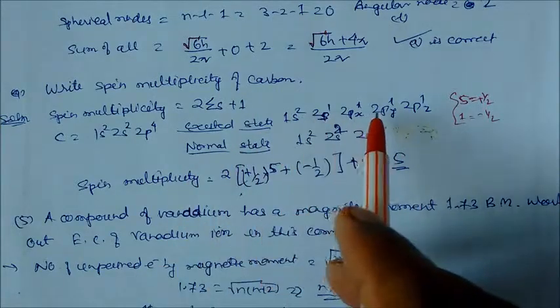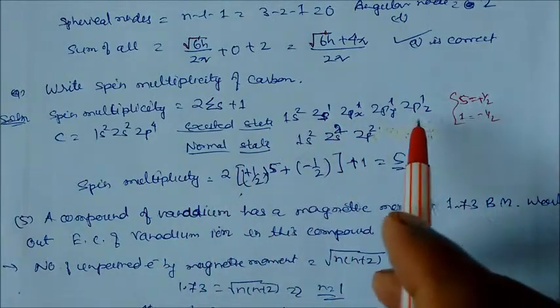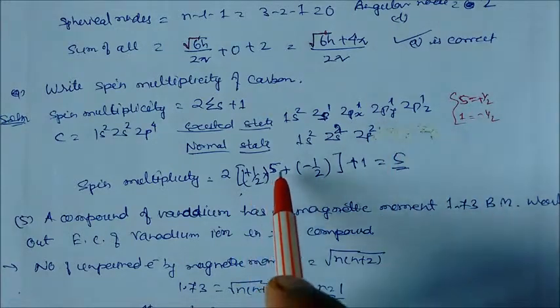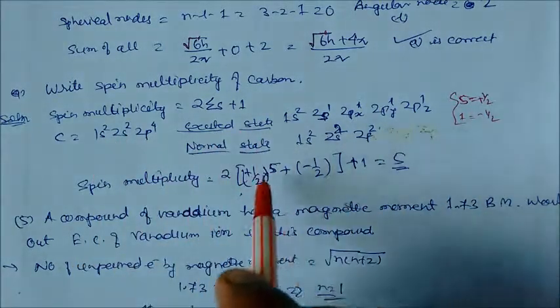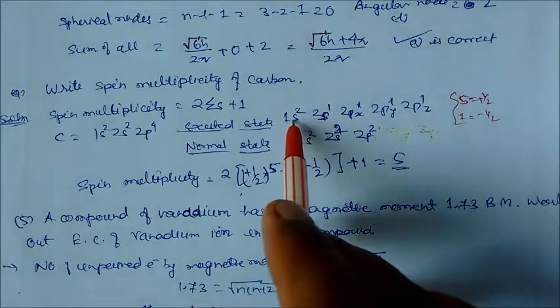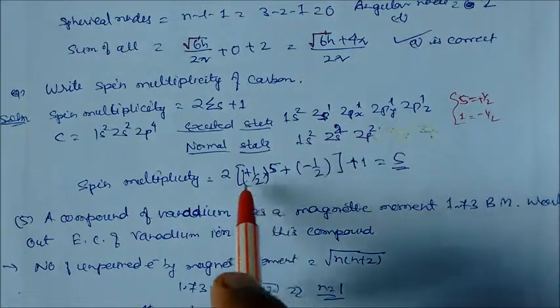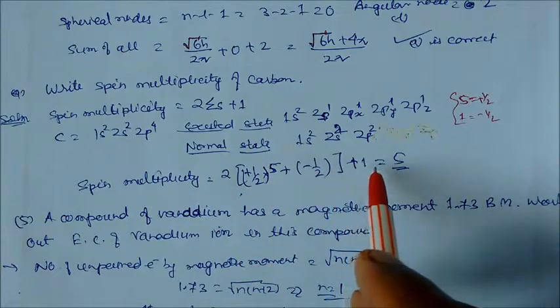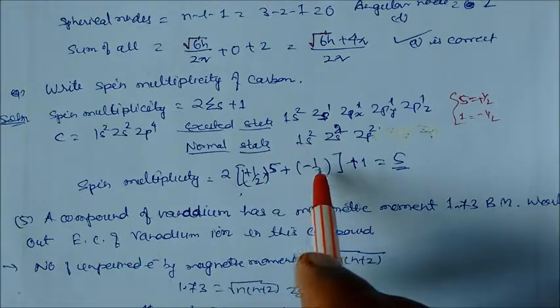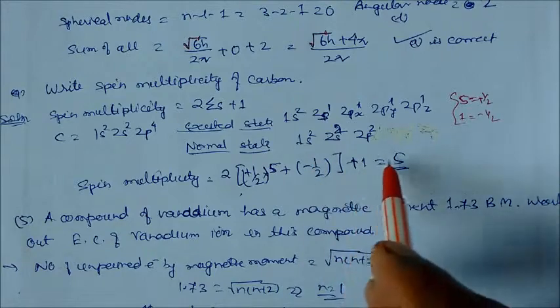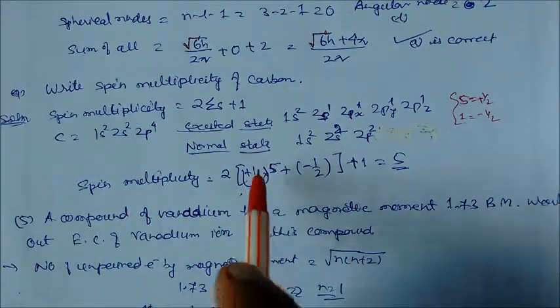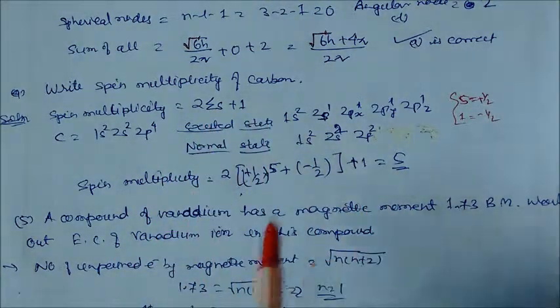So if you take the excited state, then how many spins do we have? In s there will be 5 positive spins and 1 negative spin. So write the summation of 2 into all spins, positive spin, negative spin, plus 1. So half into 5 and minus half into 1. So we will get 4 spins. Spin multiplicity of carbon will be 5.